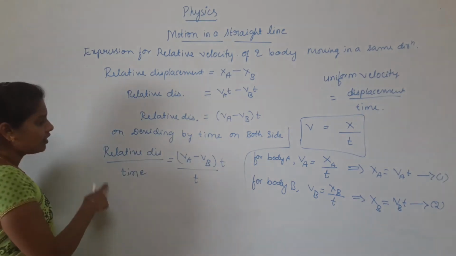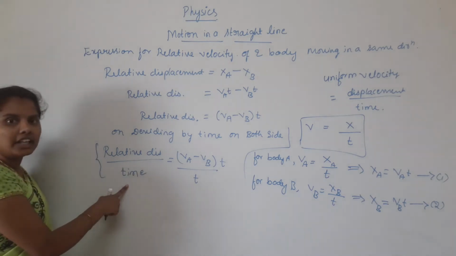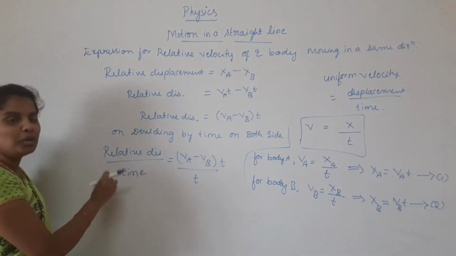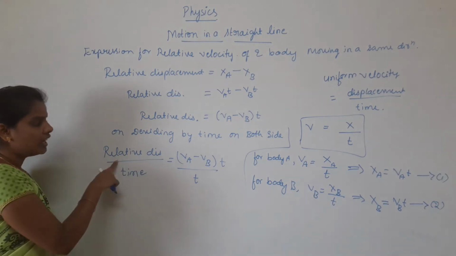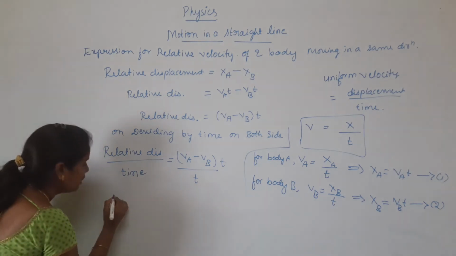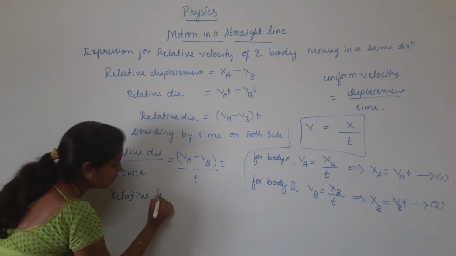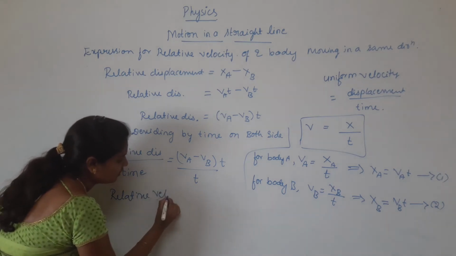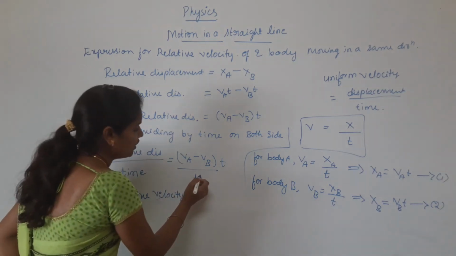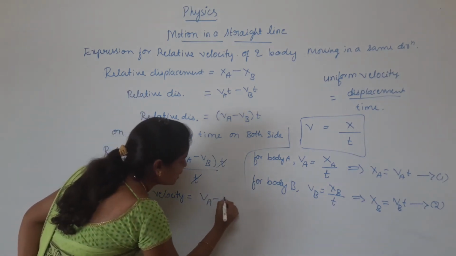What do we mean by relative displacement divided by time? It is termed relative velocity. What do we mean by velocity? Displacement by time. So relative displacement divided by time gives rise to relative velocity. Therefore, relative velocity is equal to, since t gets cancelled, va minus vb.